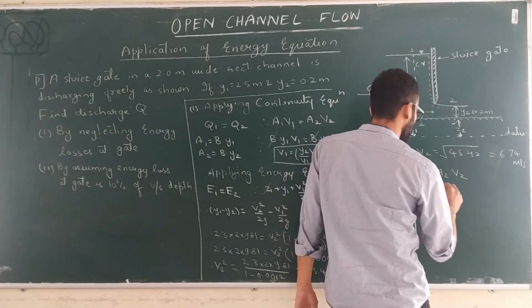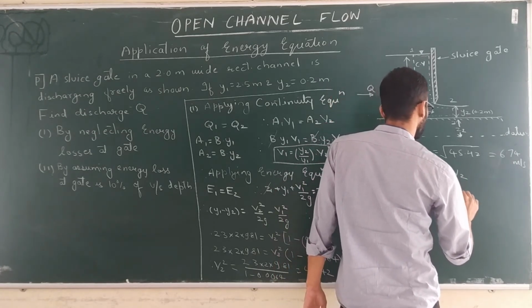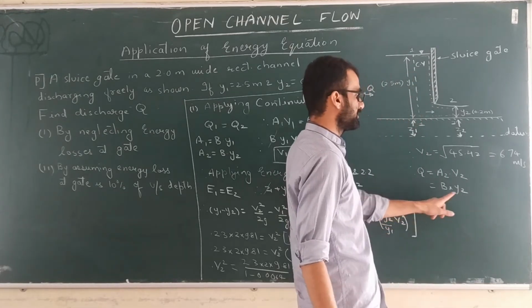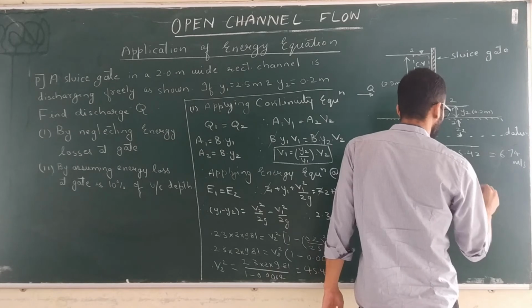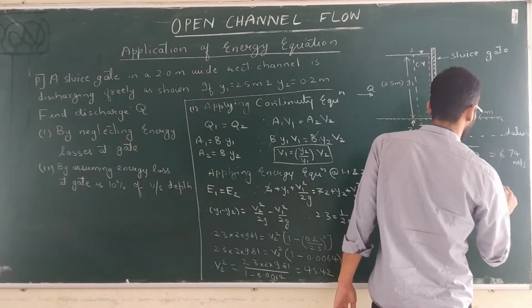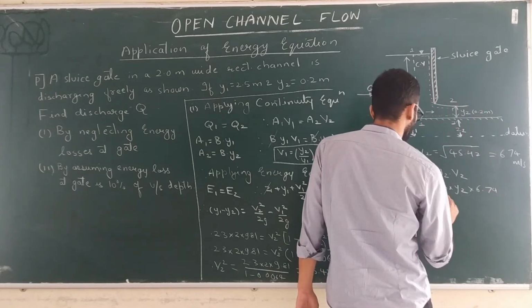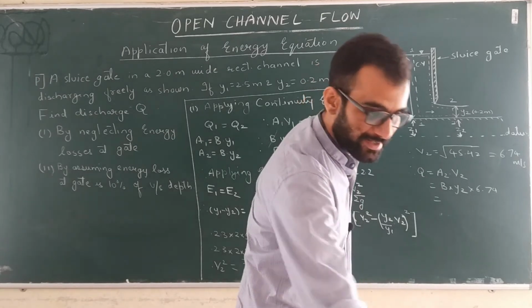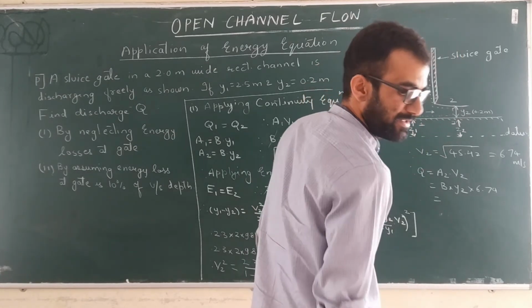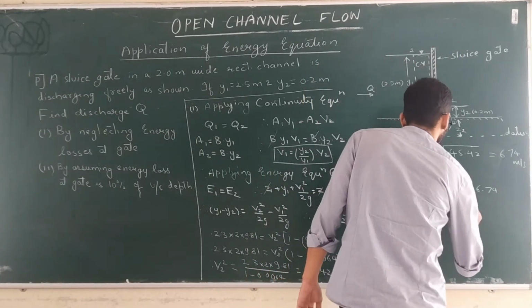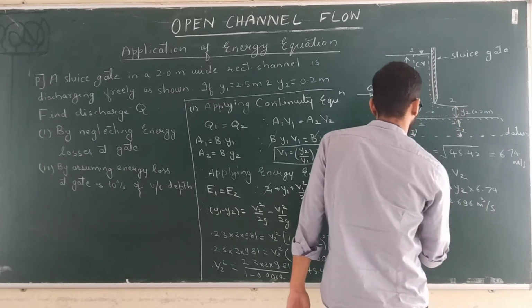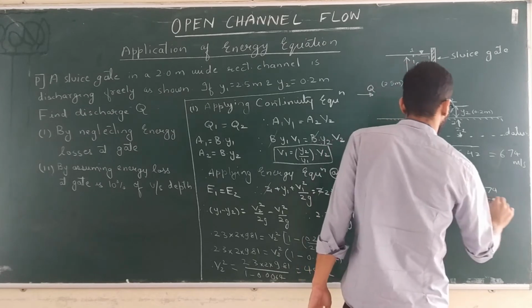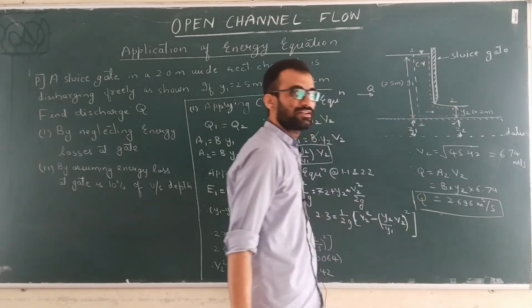Flow area is B into Y2, base width into depth for a rectangular cross section, into V2 of 6.74. So Q becomes 2.696 meter cube per second. This is your discharge.